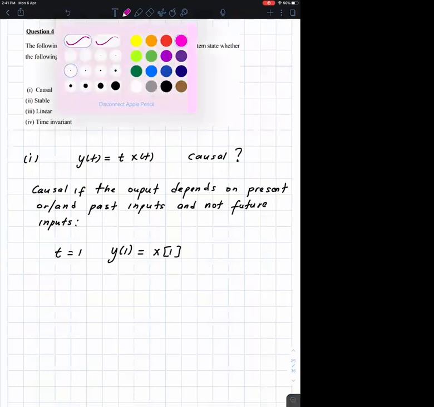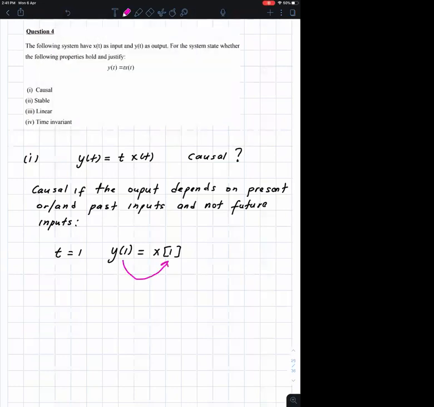So this tells you that the output always depends on the present input.